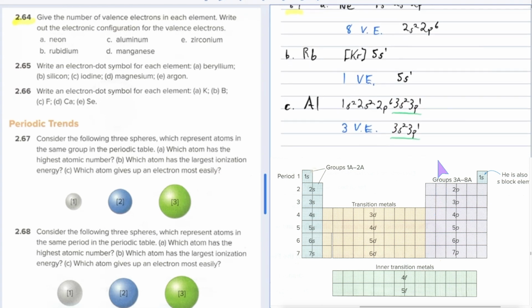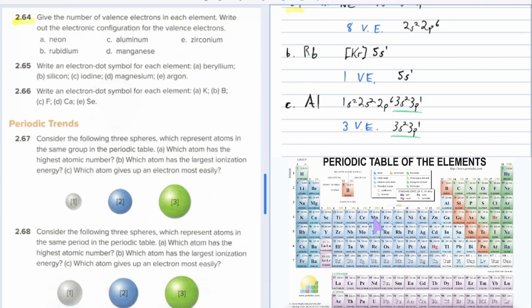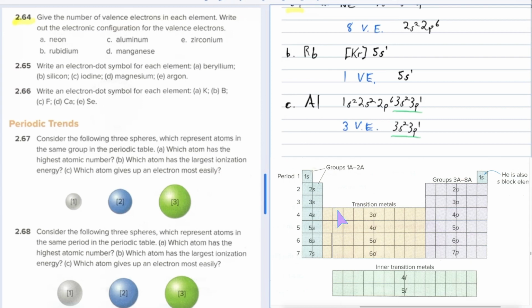So it works. Now, the next one is manganese. So manganese is in here somewhere. You can't read the number of valence electrons off of the group number for these guys. So manganese, there it is, the 5th one right there. To get to the electron configuration, let's use the noble gas.